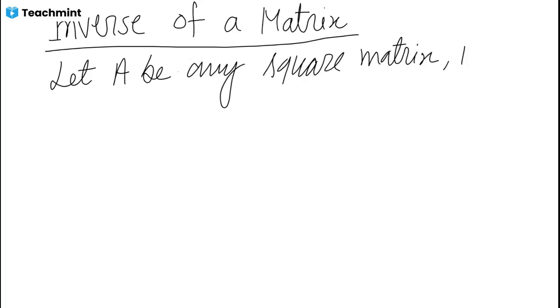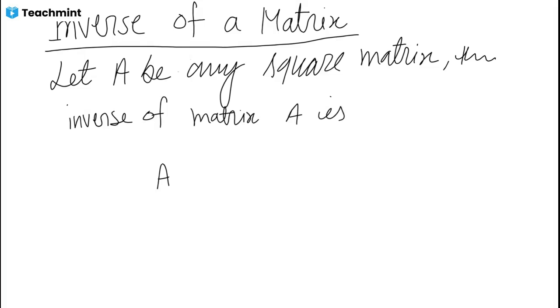Then inverse of matrix A is denoted by this symbol A inverse, and this is 1 by determinant of A into adjoint of A. So we already know how to find determinant. Now we need to know how we can find this adjoint.